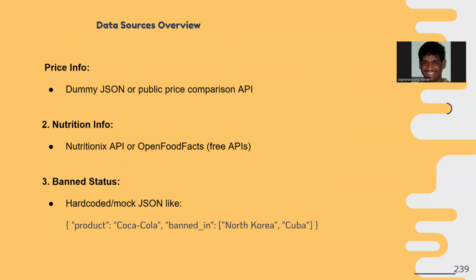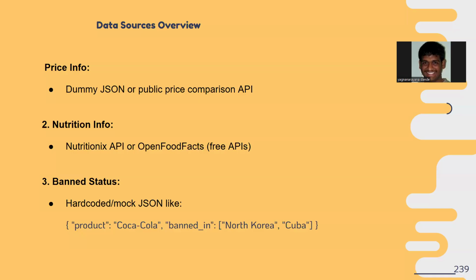For nutritional information, we use something called the Nutritionix API. So for using the Nutritionix API, this API is not for public consumption, which means without having an account with them, we can't use it.